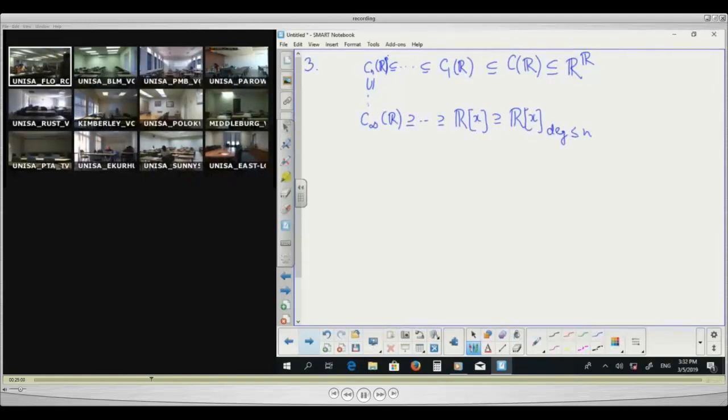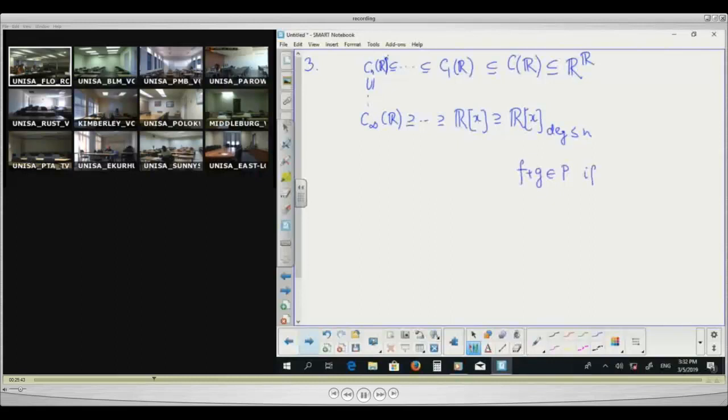If we take P to be any one of them, then f plus g belongs to P if f and g are in P, lambda f is in P if lambda is in R and f in P, and the zero function is in P, where P can be any one of these. That was the whole idea.